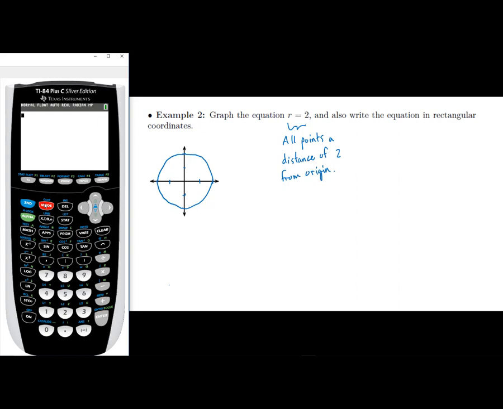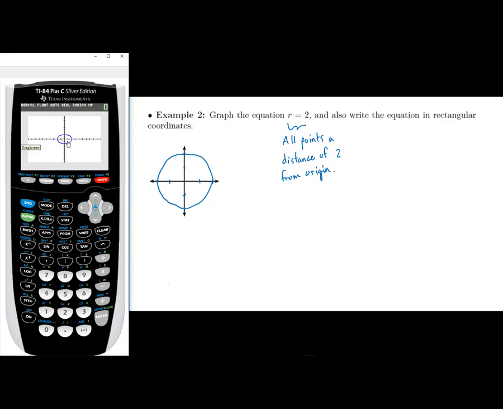And then, just like if we were in rectangular coordinates, we would go to y equals. I'll click on my y equals menu, but now it says r equals. So I can just put 2 in there. All right. And if I hit graph, okay, I get my graph, and of course it doesn't look like a circle, but remember that our window isn't all squared up.